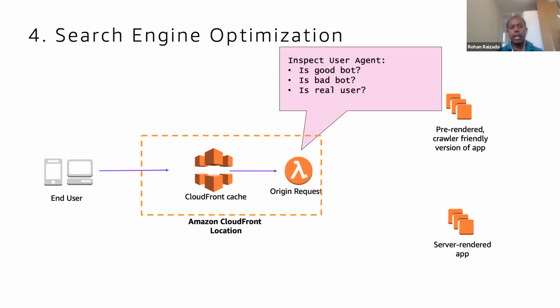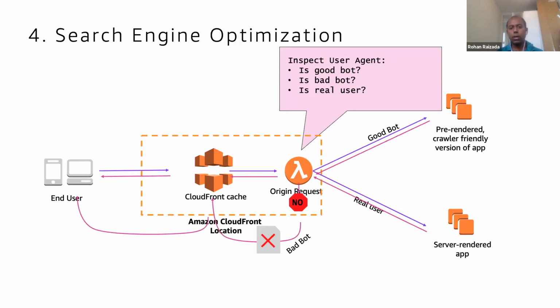If it was one of those good bots, they wanted to serve a pre-rendered crawler-friendly version of the app. If it was a real user, they wanted to send it to their origin. And if it was a bad bot, they just wanted to send an access denied. So this also can help with search engine optimization.